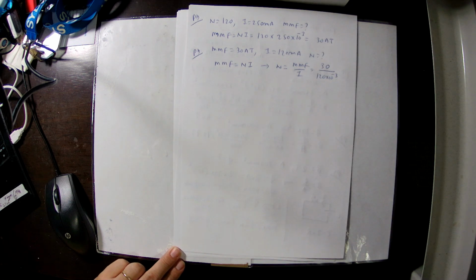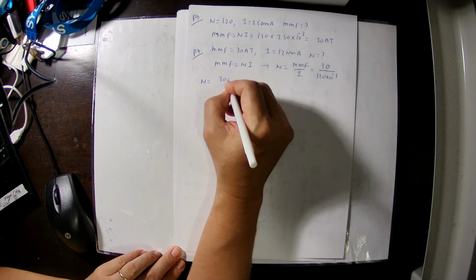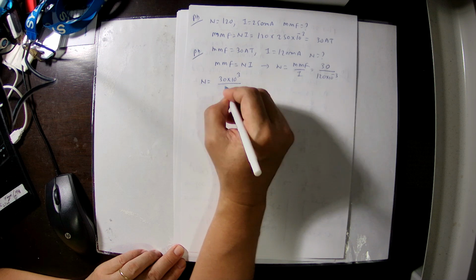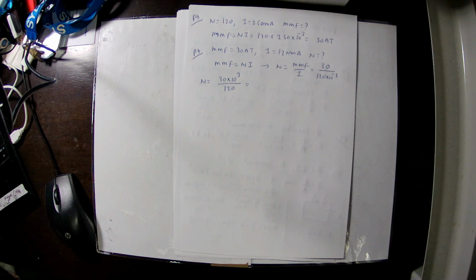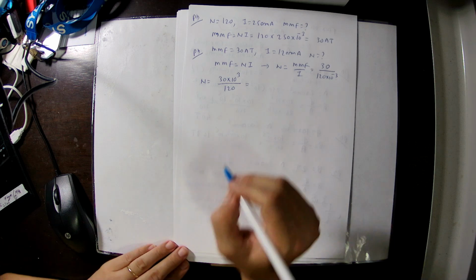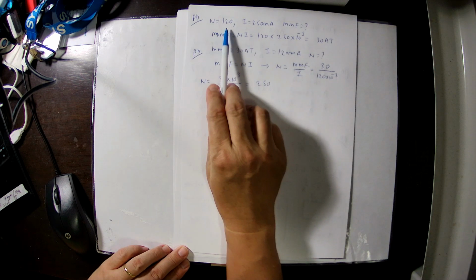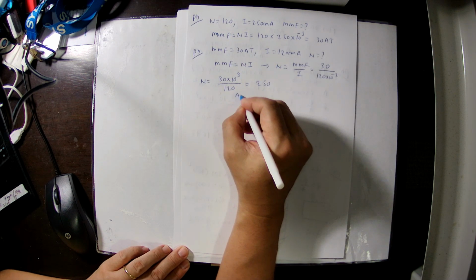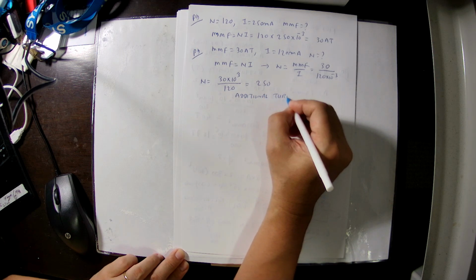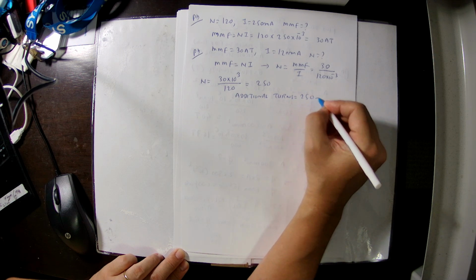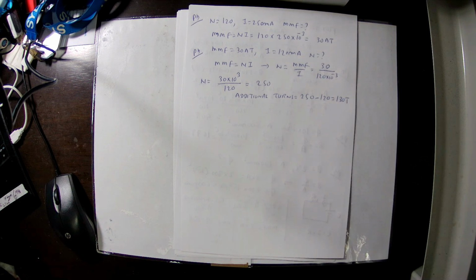So N equals 30 divided by 120 into 10 power minus 3, which gives 250 turns. Originally it is 120, so 250 minus 120 means we need 130 turns more. The additional number of turns is 130.